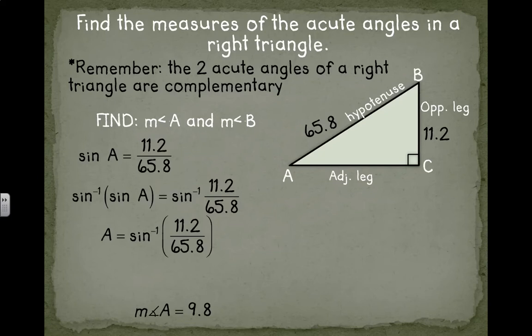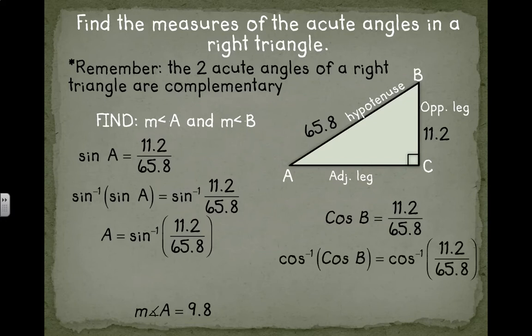Now, I could subtract that from 90 and get the measure of angle B. But let me show you how you can use trig again if you'd like to get some more practice to find the measure of angle B. So this time we use the cosine of B, because 11.2 is the adjacent leg to angle B, and we're going to put that over the hypotenuse.